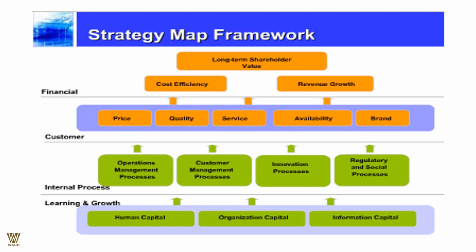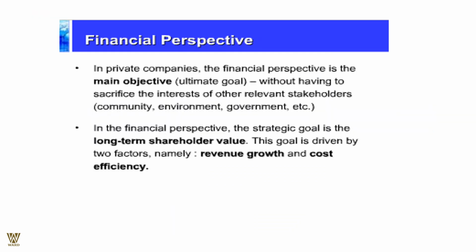Now, there are impediments, there are learning points, there are efficiencies that need to be picked up, and that is what learning and growth is all about. It is in terms of human capital, organizational capital, and information capital: what have you learned, what was the impediment, and how did you go about it. This is what we should be looking at here.